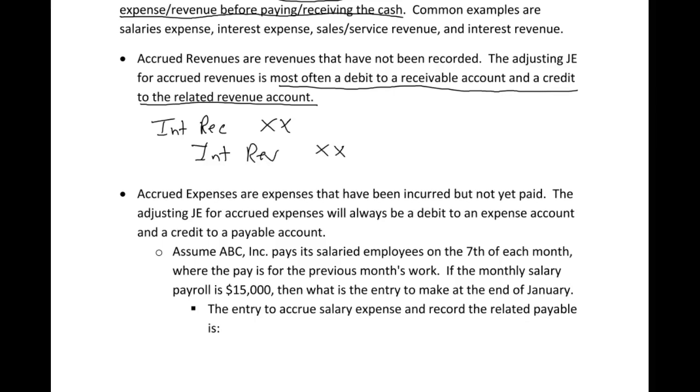So that is an accrual entry. The important part of accruals, and I can't stress this enough, is that we want to make sure the revenue or the expense is recorded in the correct time period. Let's just assume this journal entry relates to one month's worth of interest. Well, that one month of interest revenue belongs to this current month, and that's why we're recording it in that month.